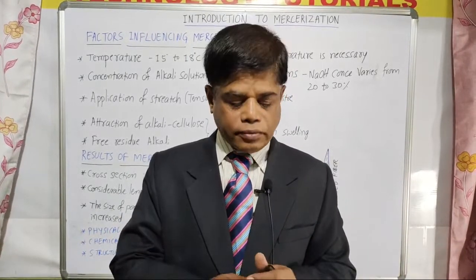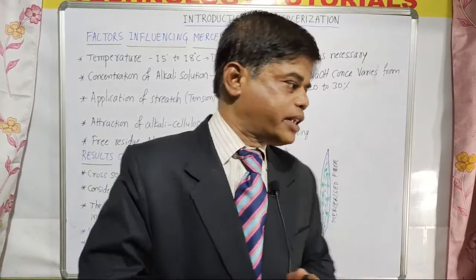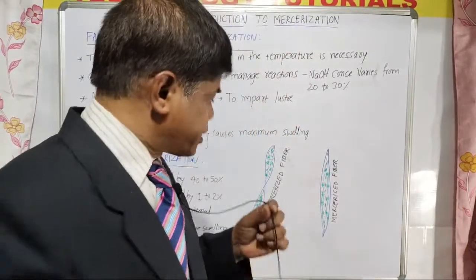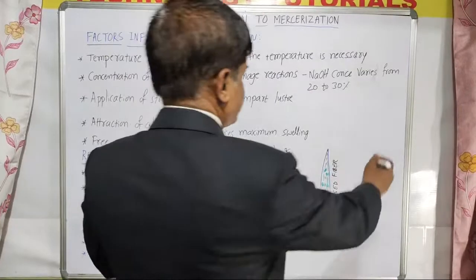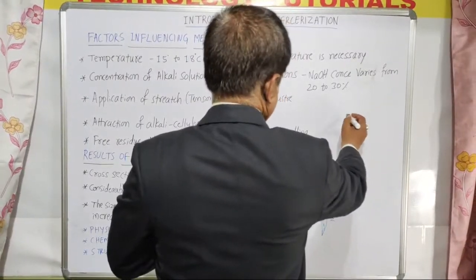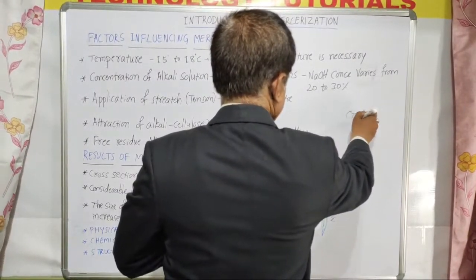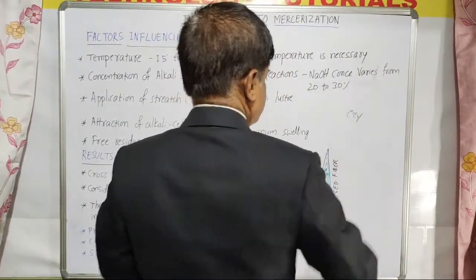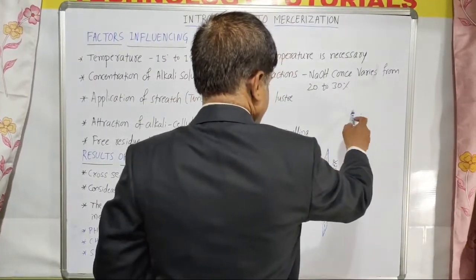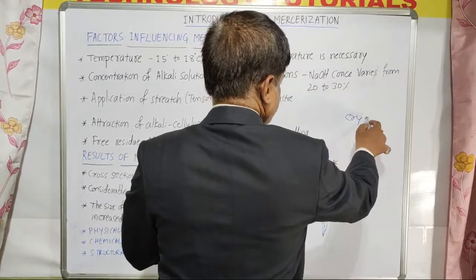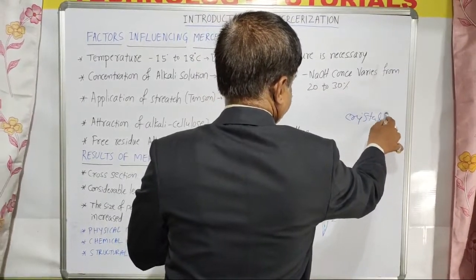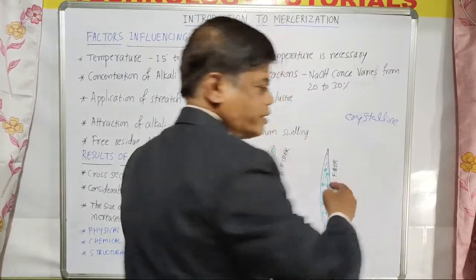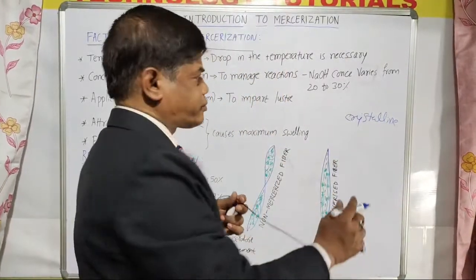Friends, you know the morphology of the fibers. There are three regions. One is the crystalline region in the cellulose fiber.